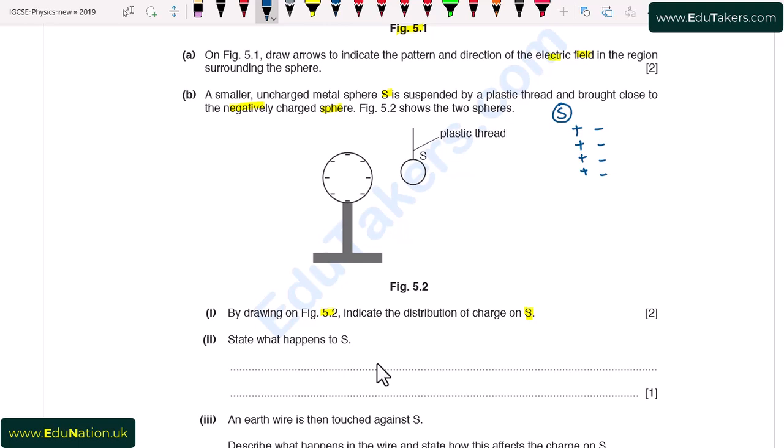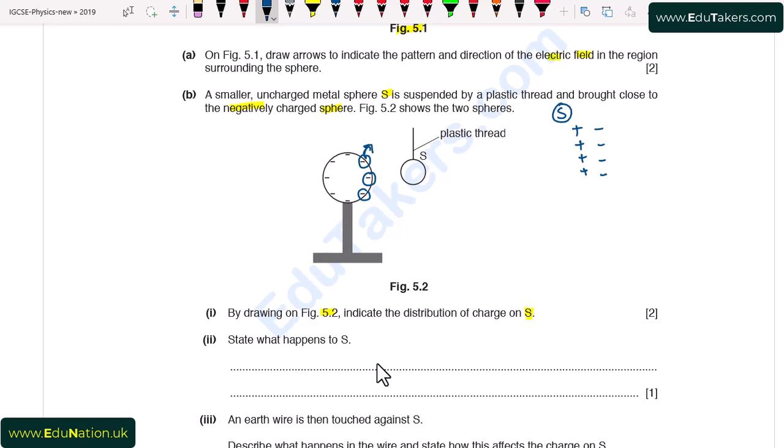So when this sphere is brought close to the negatively charged sphere, we are bringing the sphere close to the negative charge.